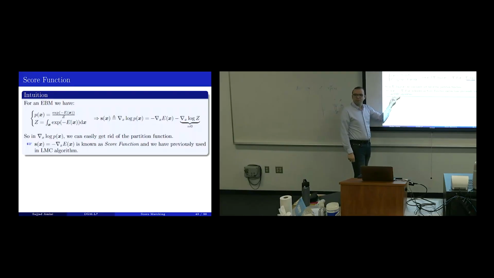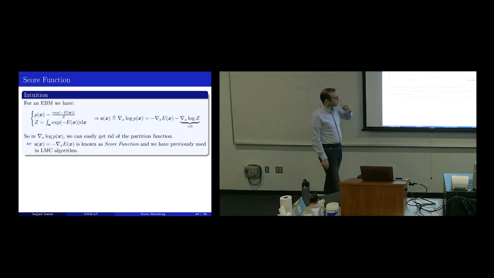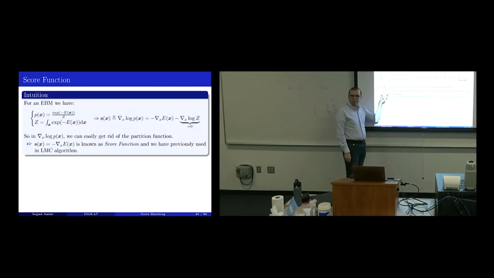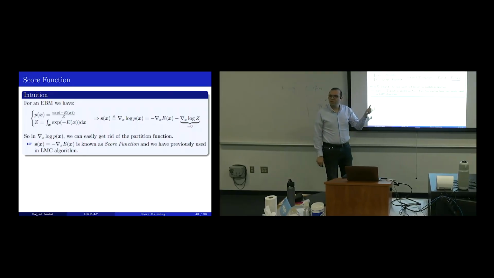So we previously used it, but we did not have an explicit name for it. From now on, we use the score function definition for this value. One important point: the score function is a vector. A vector of what dimension? The dimension of x, capital D.